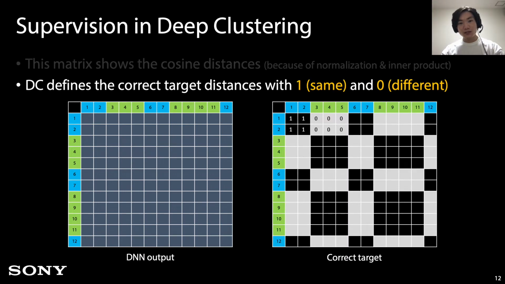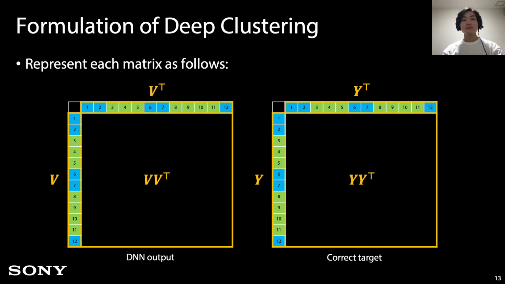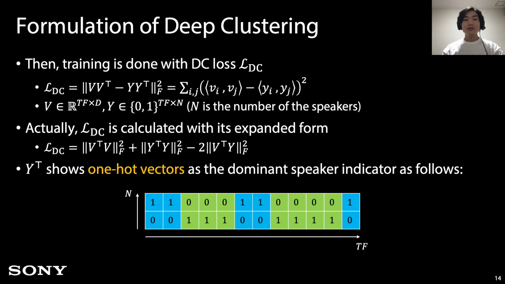For this matrix, DC defines the correct target distances with 1 and 0. 1 is defined for the pairs of the same speaker, and 0 is defined for the pairs of different speakers. Following the original paper, we represent each matrix as follows using V and Y. Then, DC's training is done with DC loss L_DC. L_DC is the square of the Frobenius norm between the two matrices.